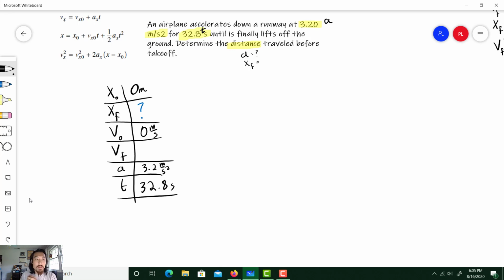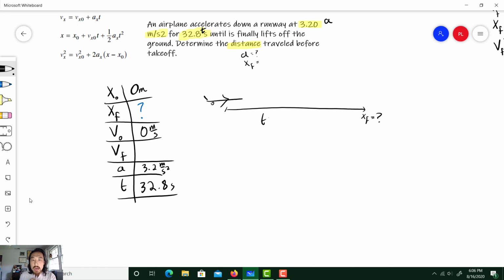Okay, sometimes I know people like to do a little sketch. Okay, and I do recommend that you do some sketches. So this is my plane. Right, those are the plane's wheels. I don't know why it's in the back. And this plane travels for, well, we don't know, right? We don't know the X final, so I'm going to put that up as a question mark.